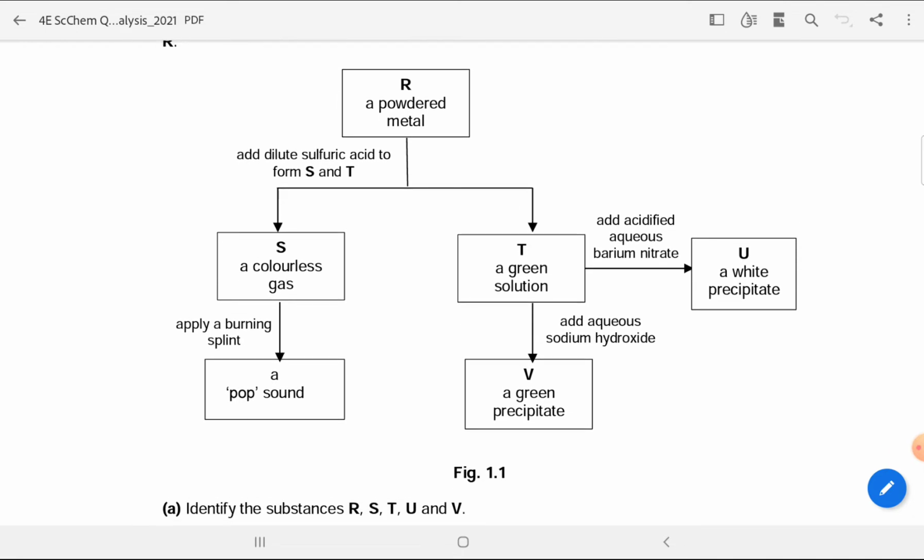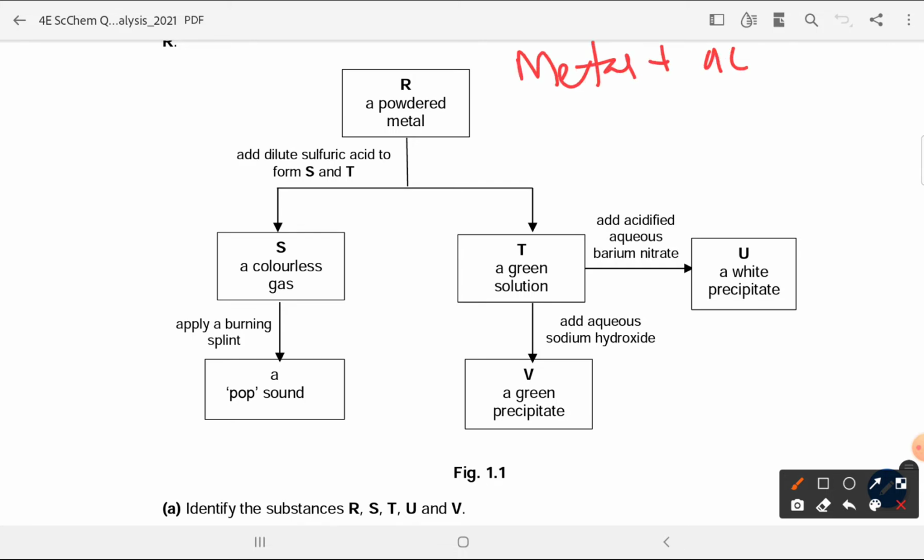Okay, so in this flowchart you have at the top the powdered metal. Of course, I wouldn't know what it is. Then it reacts with dilute sulfuric acid. So this is a metal acid reaction. Metal plus acid, you should know that from the acid bases chapter.